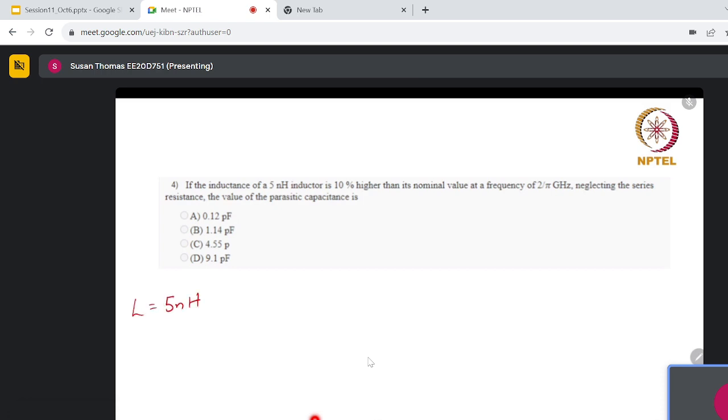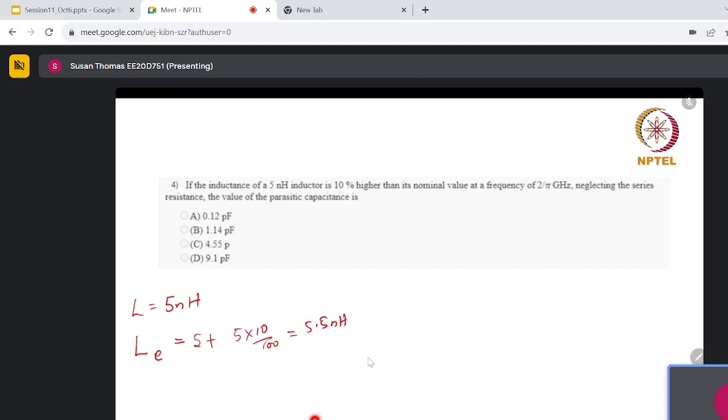If an inductance of 5 nanohenry is 10% higher than its nominal value, so the effective inductance is 10% higher. How do we write it? 5 nanohenry plus 10% of that, so 5 into 10 by 100. So I can say 5.5 nanohenry.